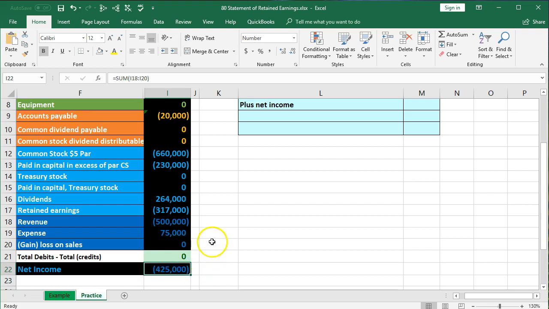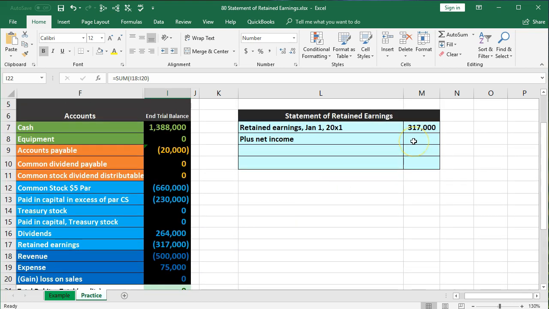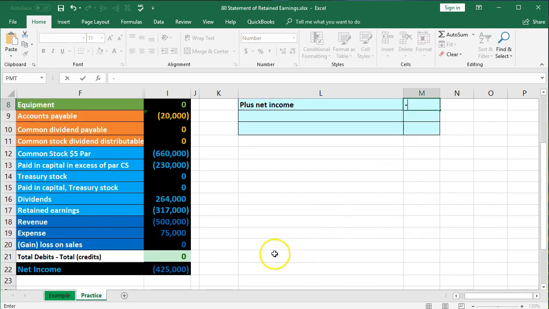It's a credit because revenue is a credit and expenses are debits, so the credits are winning. I don't want to represent credits or debits up here, however. We just want to represent the positive numbers for a plus and minus format. So to flip the sign, I'm going to say negative of that number and enter.